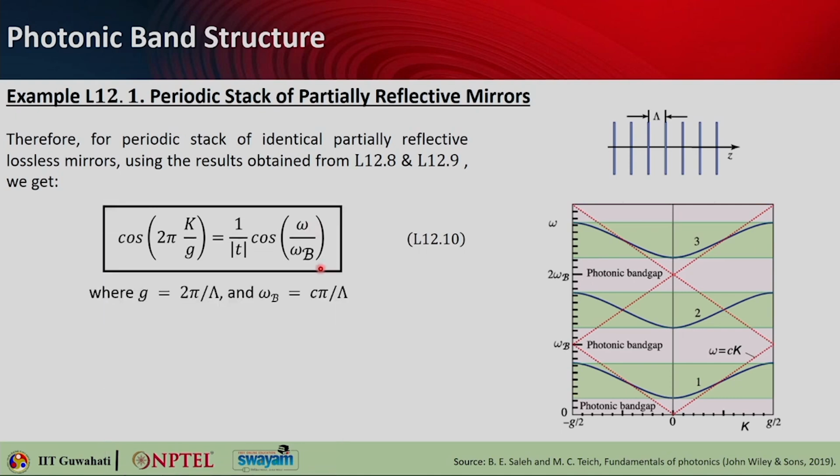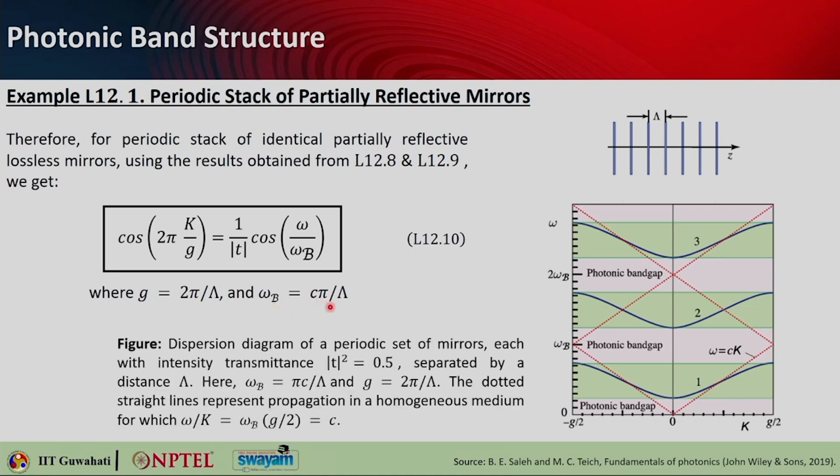Here a new term omega b has come. G you already know, g is 2 pi by capital lambda, that is the spatial frequency, and omega b is c pi by capital lambda. So, this is a plot of the dispersion relation for a set of periodic mirrors.